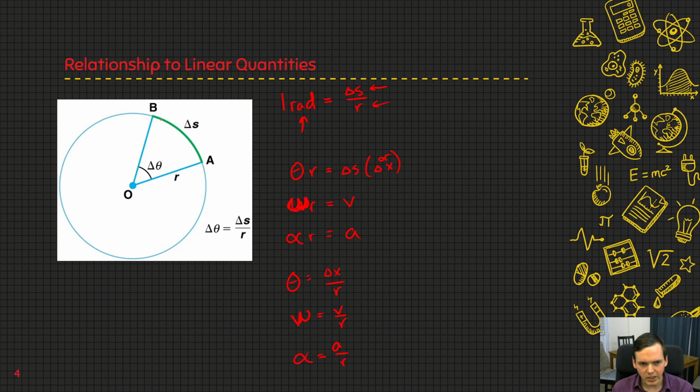If we see that we've changed by delta s, that's going to correspond to some delta theta change. And then when we take the derivatives with respect to time, for those of you in calculus, or when we just look at the changes over time, well, these change at the same rate, and that means the velocity is going to be the same kind of proportion, and the acceleration is going to be the same proportion.